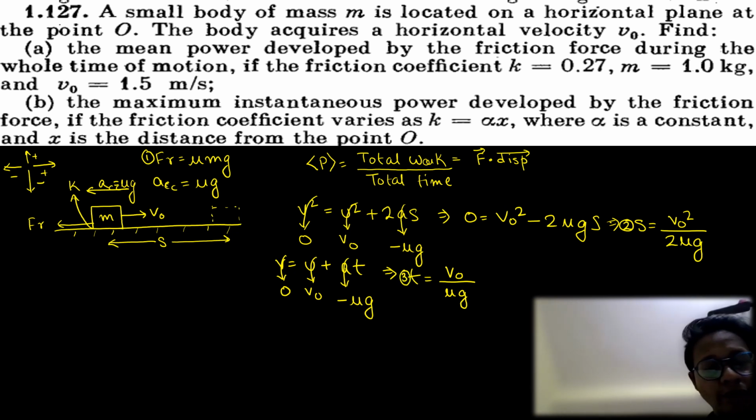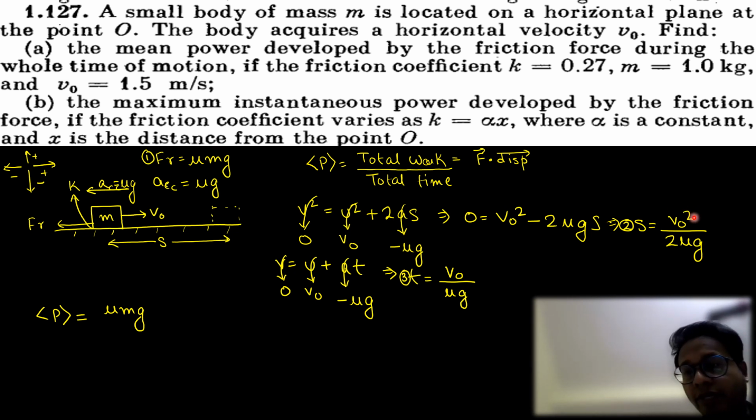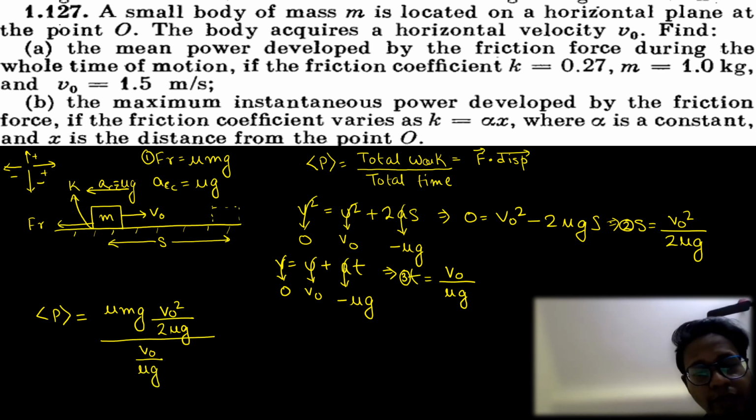Now simply substitute out here. Average power is equal to force times displacement divided by total time. Force is mu mg. Displacement is v naught square by 2 mu g. Total time is v naught by mu g. So out here g and g get cancelled, mu and mu get cancelled.